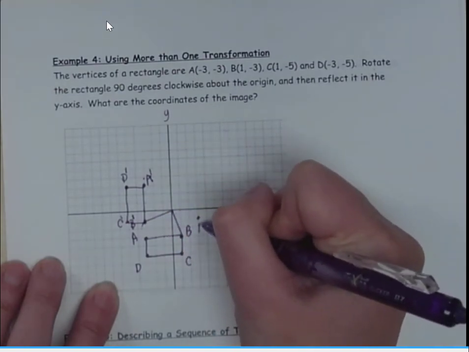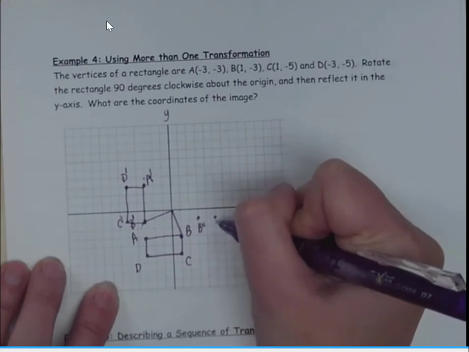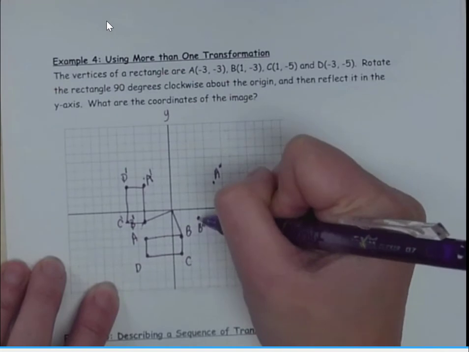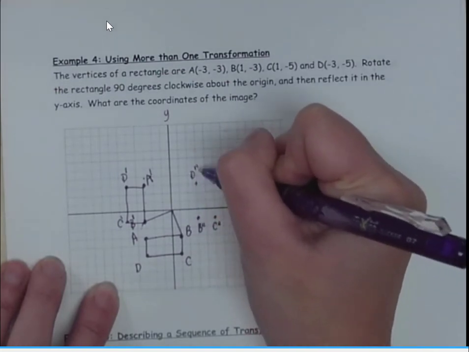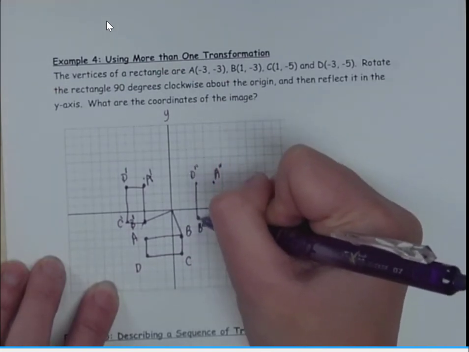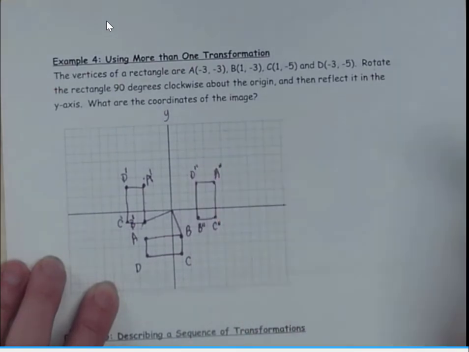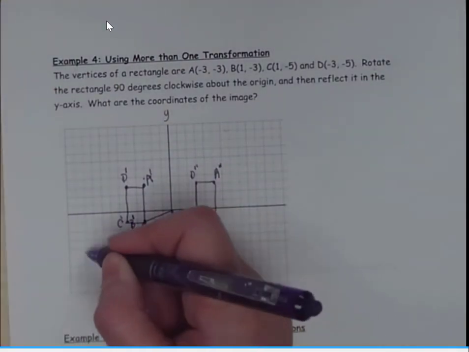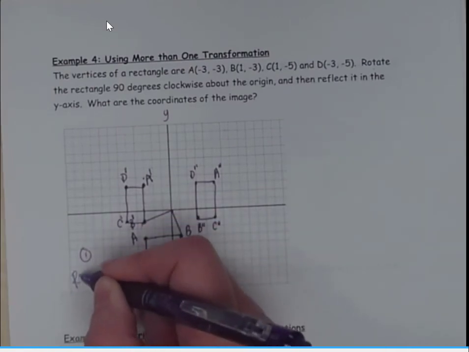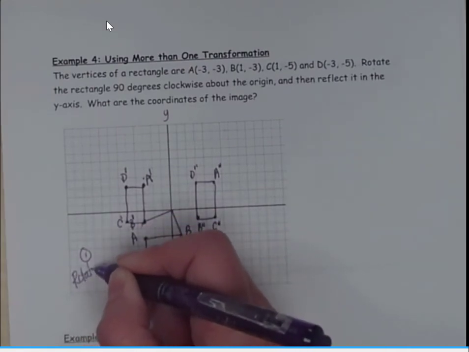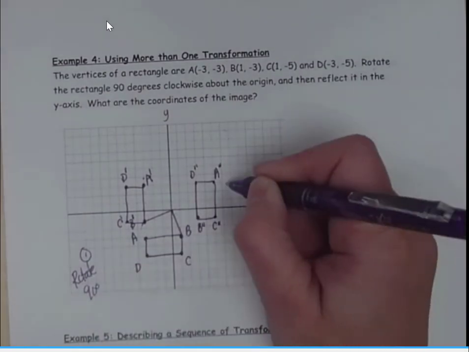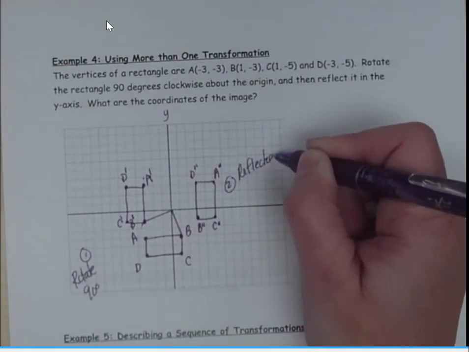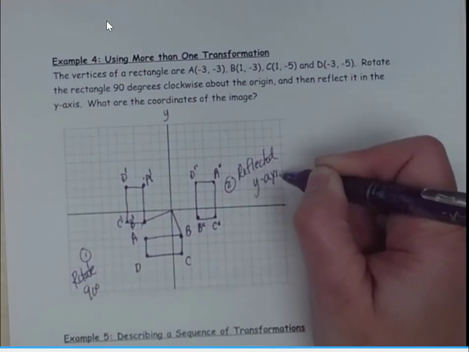Now I'm going to call this B double prime, C double prime, A double prime, and D double prime, because it's showing the order of the rotations. First, we rotated 90 degrees. Second, we reflected in the y-axis.